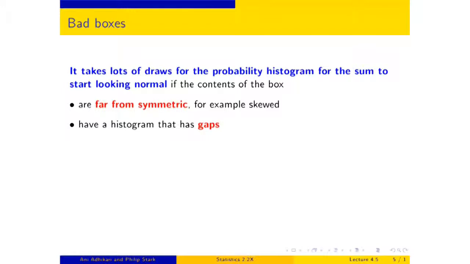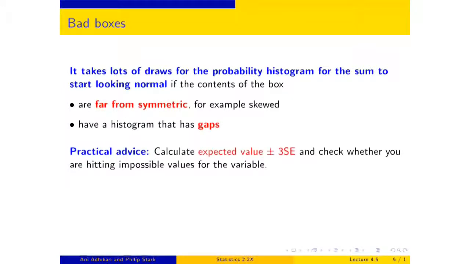So, from a practical perspective, what I would suggest is this. If you are using the normal approximation for the sum of the draws, and you feel like the number of draws is large enough, calculate the expected value and calculate the standard error. You're going to have to do that anyway if you're going to use the normal approximation. Then just go 3 standard errors on either side of your expected value and see whether you're hitting nonsense.